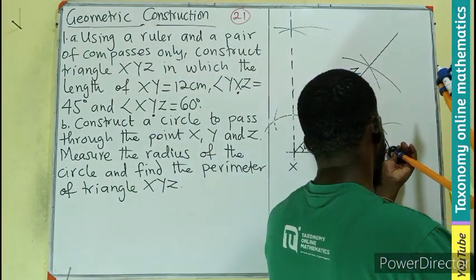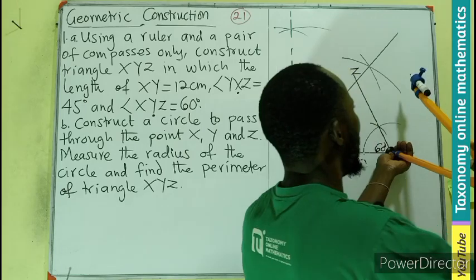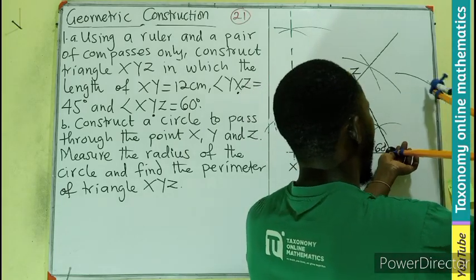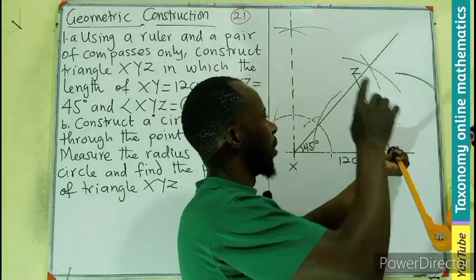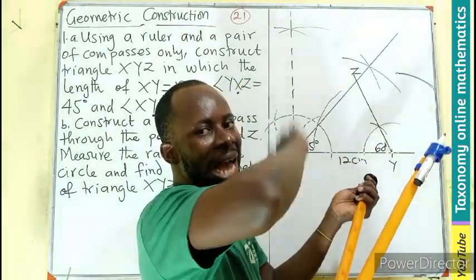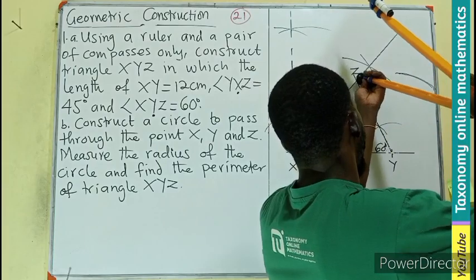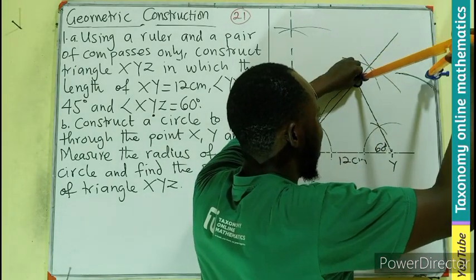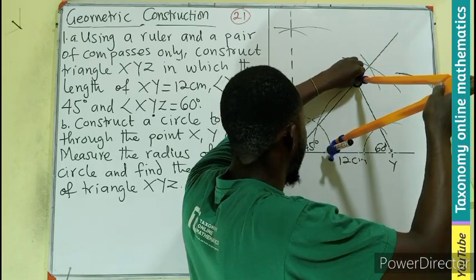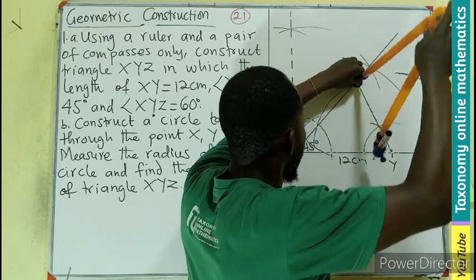So we stand here, we open the compass, we draw an arc on both sides of the line. Then I go back to Z, then I intersect the arc that I drew first.